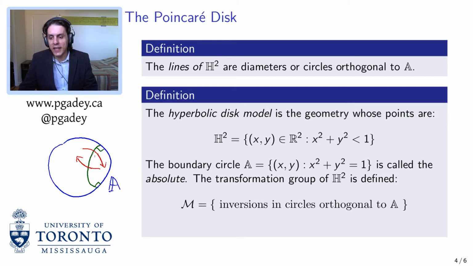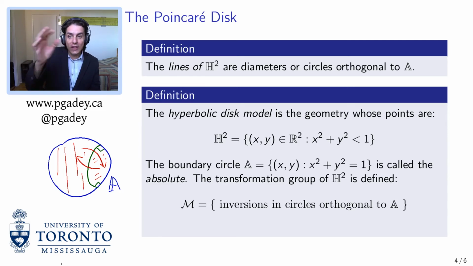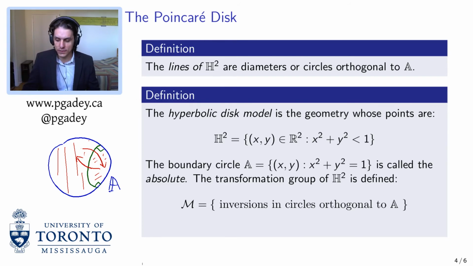That will wind up taking the inside of this region onto its complement, onto the stuff over here. So when we invert in that green circle, we switch the two halves of the hyperbolic disk.